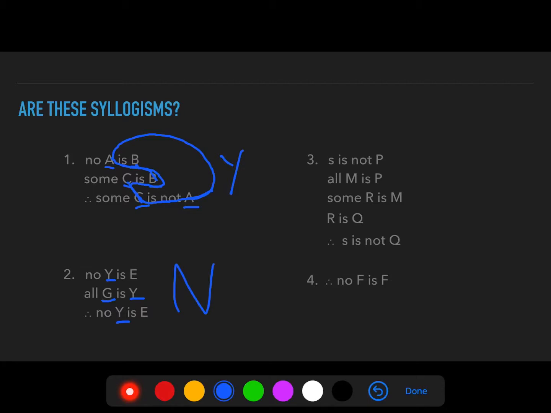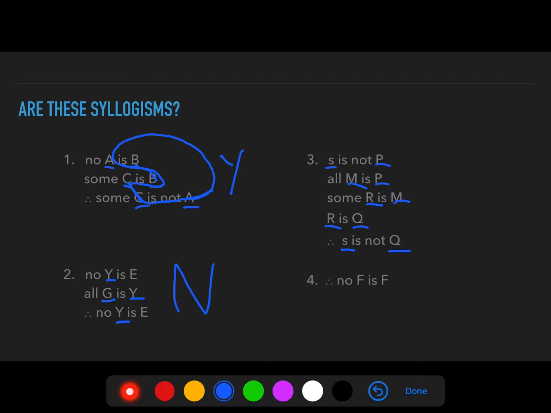All right, so let's look at number 3. Let's see. Every letter occurs exactly twice: 2 P's, 2 M's, 2 R's, 2 Q's, 2 S's. It looks like they even form a chain.